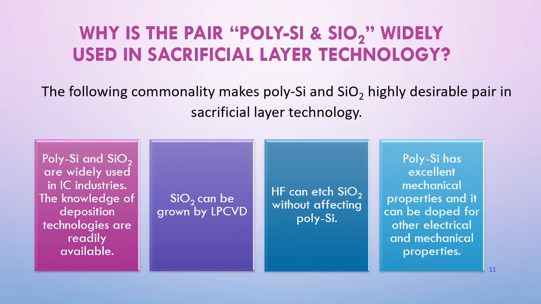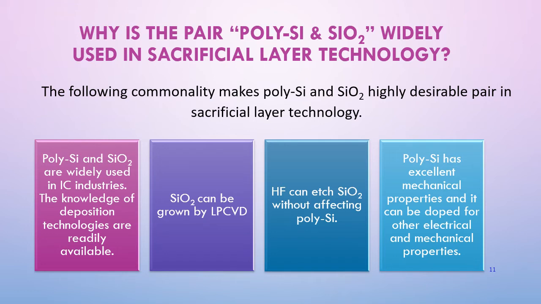First, polysilicon and silicon oxide are widely used materials in the IC industry, so the knowledge about how to deposit and how to remove the material is already available. Next, silicon oxide can easily be grown using the low pressure CVD process, which is not really costly and is quite easy to perform.